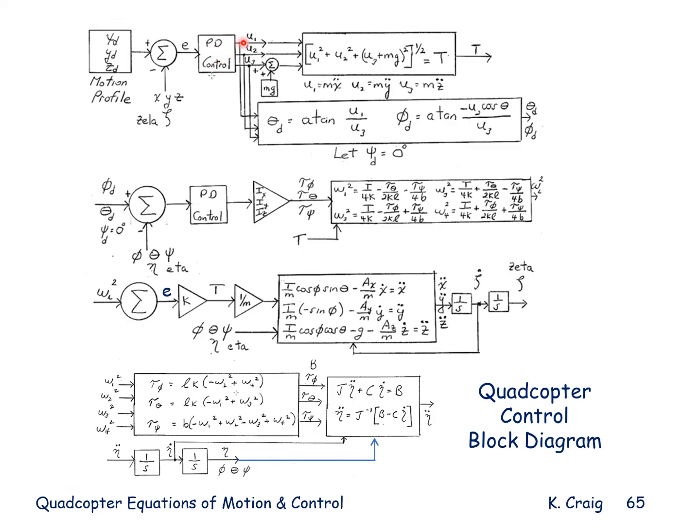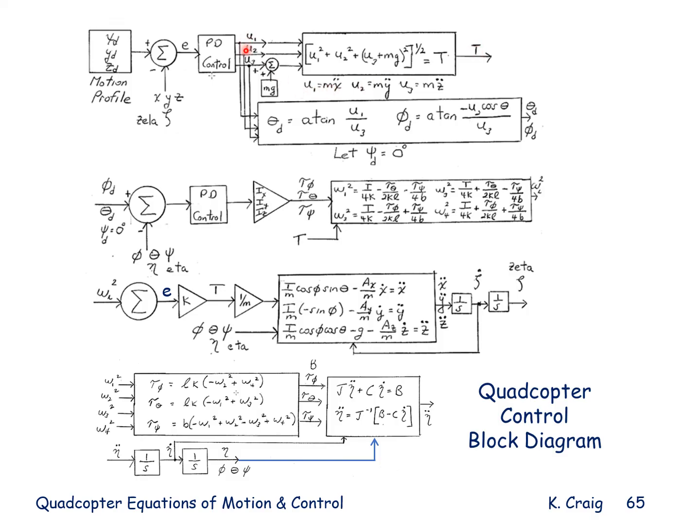The outputs are U1, U2, and U3. U3 is augmented with the weight, mg. If I square each of these terms, U1 squared, U2 squared, and U3 plus mg squared, add them together, take the square root, I get the result as the thrust for the quadcopter T.